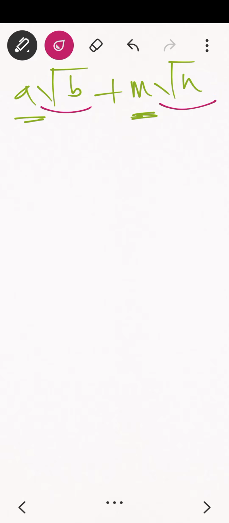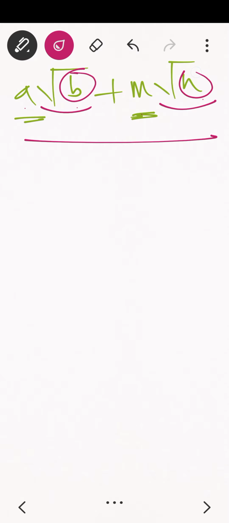If they are the same, that is, if B is equal to N, then it means that you can add the A and M. But in this case, because we have root B and root N, both of them are not equal. So in that case, we can't do anything about this. We can only leave it in this form, right?